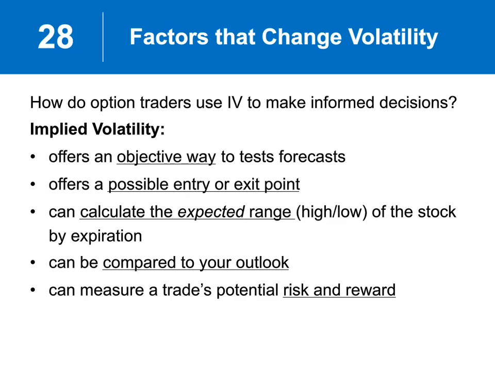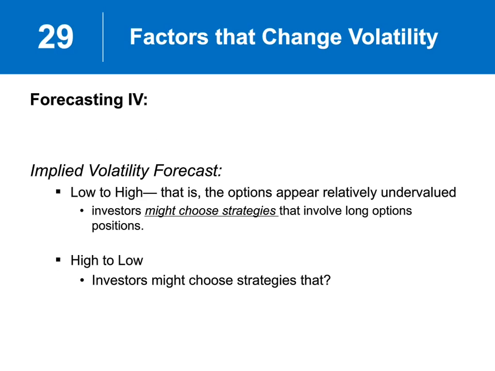Okay, you can even calculate ranges, highs and lows of stocks. Not saying it's actually what's going to happen, but it may be helpful to use. You can compare these implied volatility numbers to your own outlook, or even measure a potential risk and reward relationship.